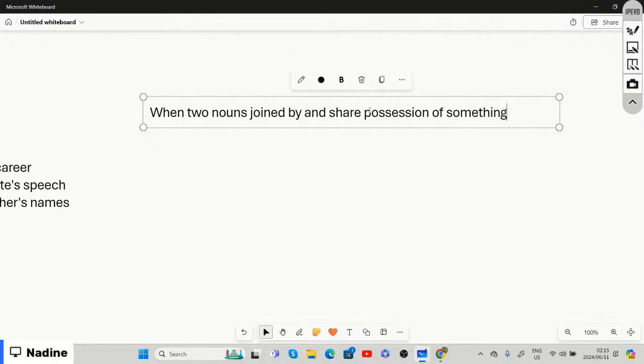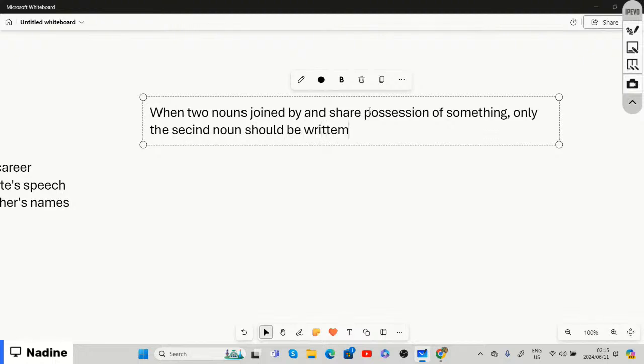Remember, if you are showing possession of something, it means that you either own something or have something, right? Then only the second noun should be written as a possessive.